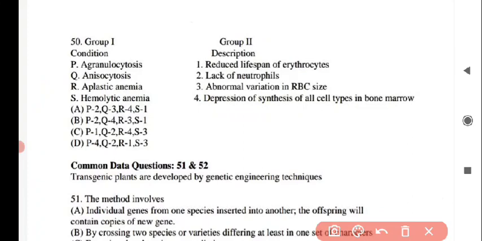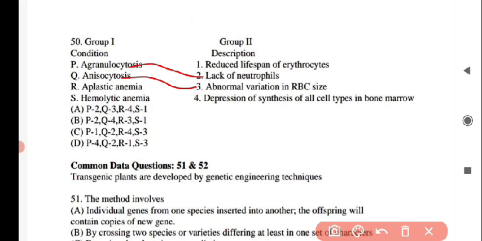Then in the next question, group 1 and group 2 contain the description. For this question, the first condition is agranulocytosis. For this, the correct answer is option number 2, that is lack of neutrophils. For the second condition, that is anisocytosis, the correct answer is option number 3, that is abnormal variation in RBC size.